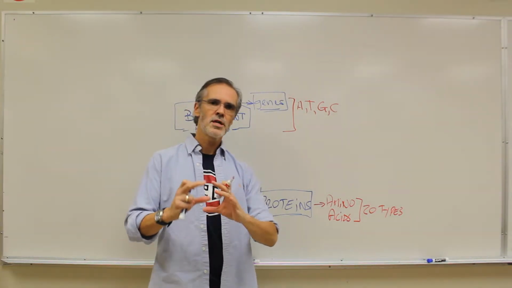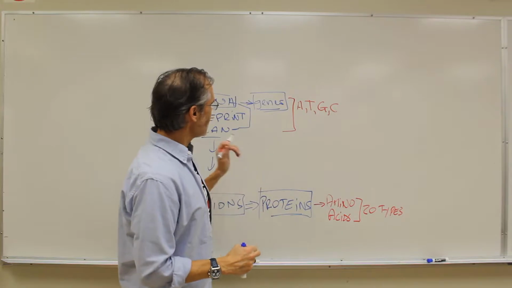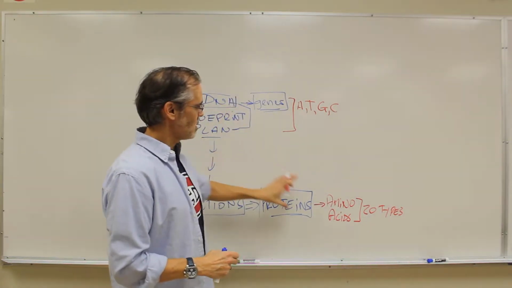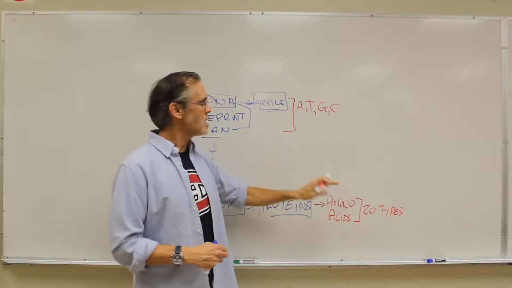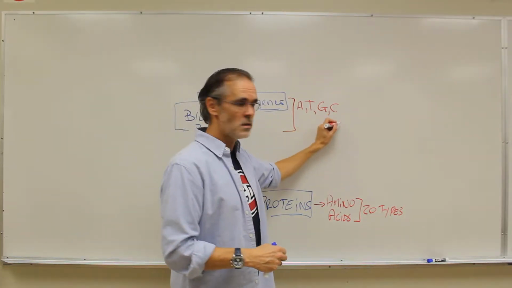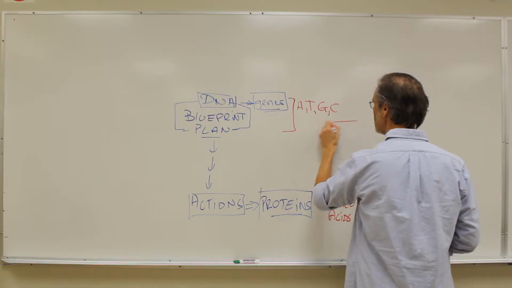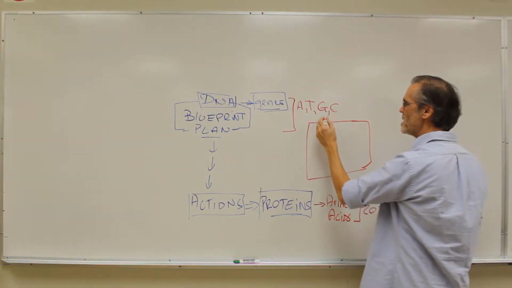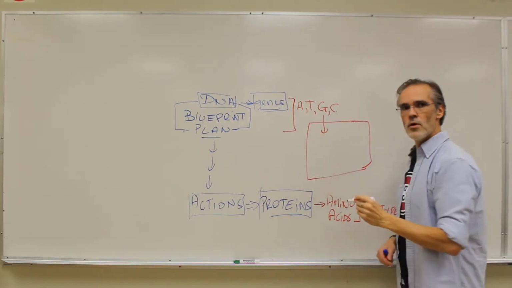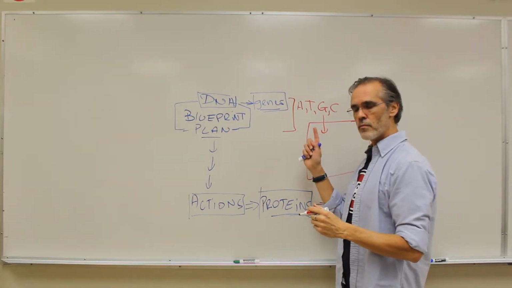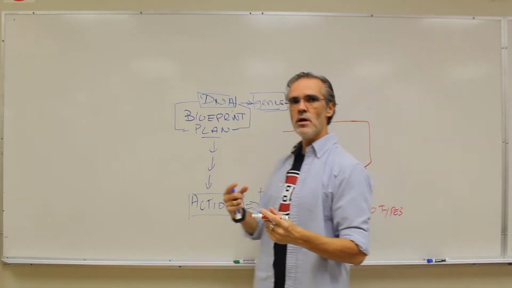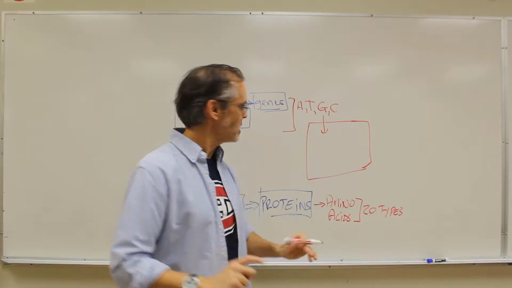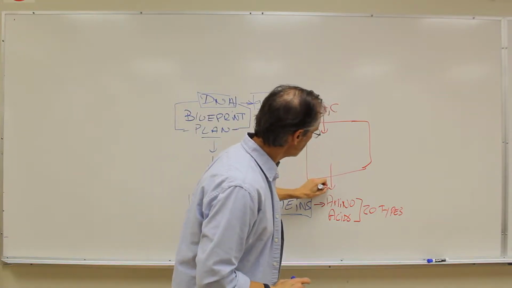We need something in between that is able to translate this into this. We need a piece of equipment right in the middle here. And that piece of equipment needs to be able to crunch those nucleotides and then make sure that the cell has the workers, the proteins, to do the action.